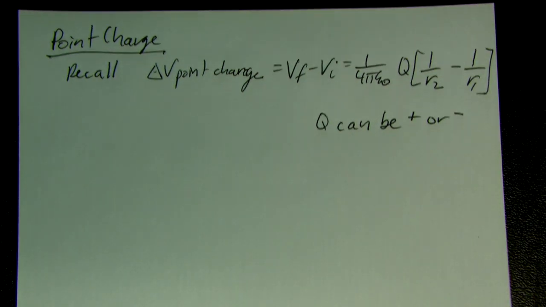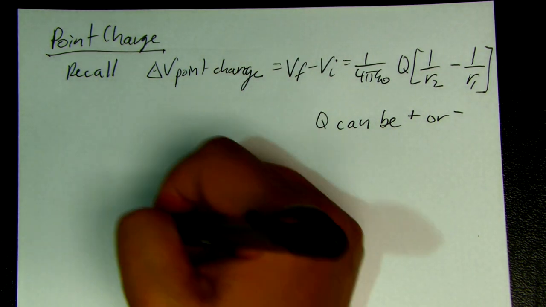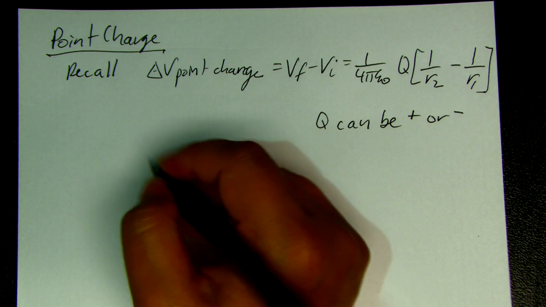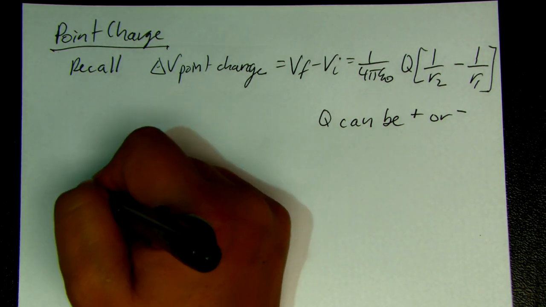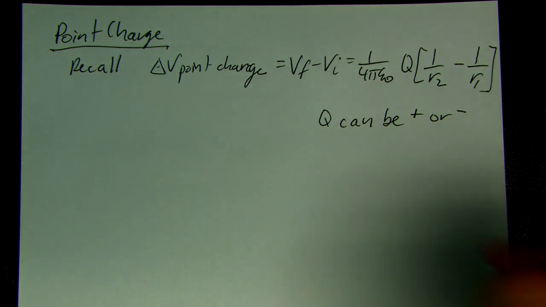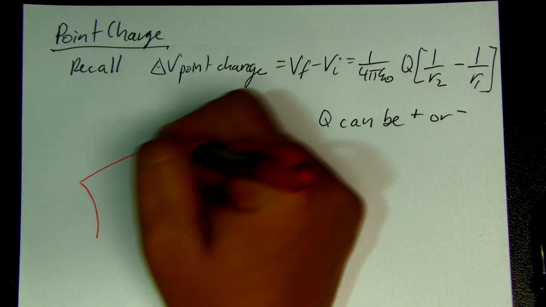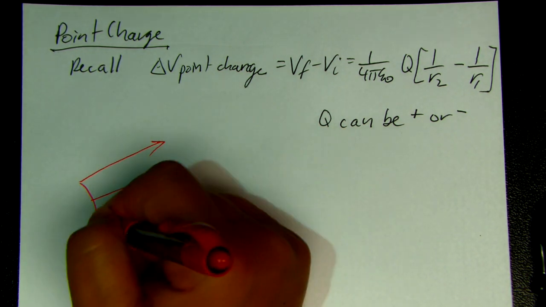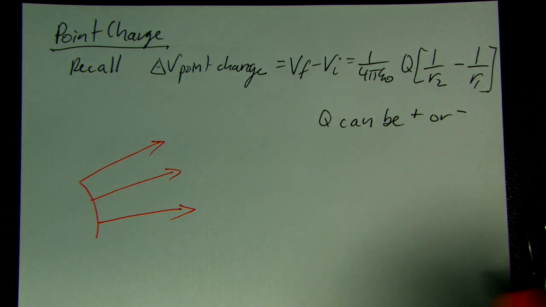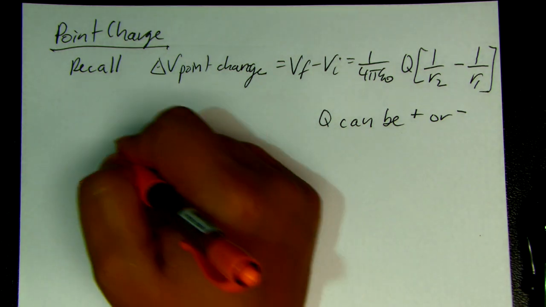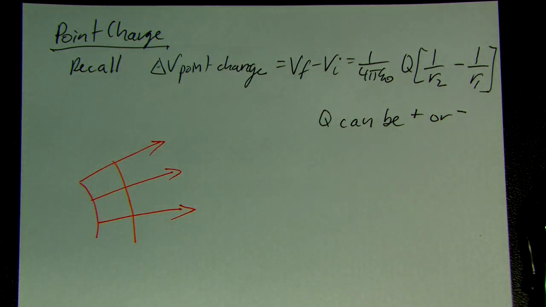Okay, so if we have a point charge, let's say we have our field. Just make it a nice positive field. Put in some different radii. Okay, so let's look at our path.